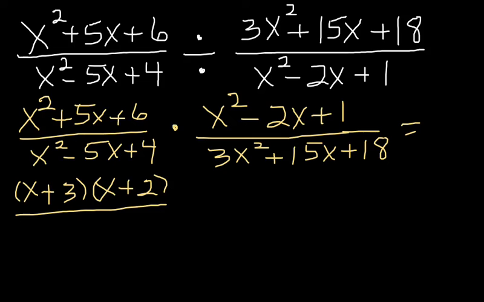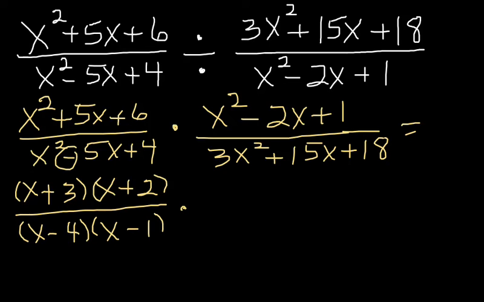The bottom will also factor. It's another trinomial. And this time I'm looking at 4, so 4 times 1 is 4, and 4 plus 1 is 5. I notice this time that they're both negative because of this sign.